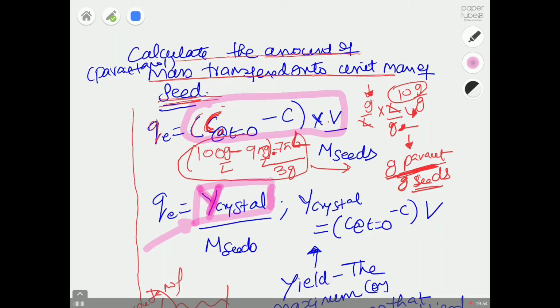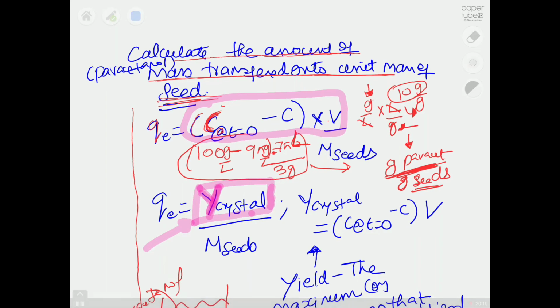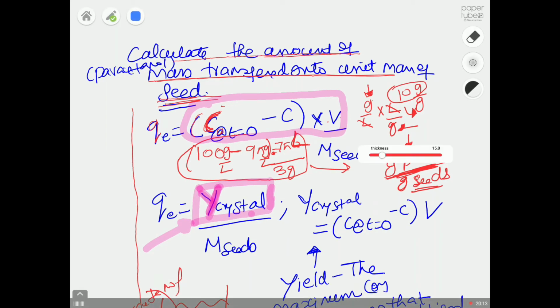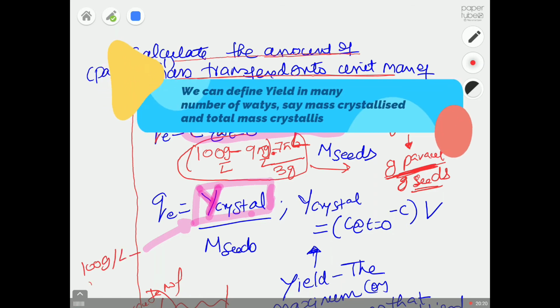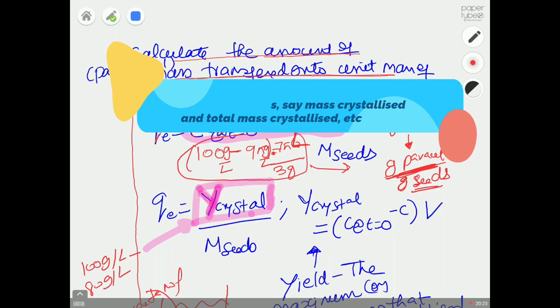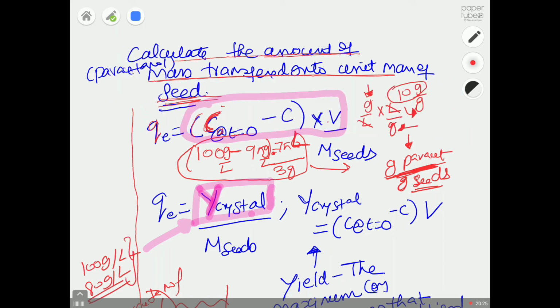I think this is correct. Yes, this is correct. So what does that mean? Let's go back here. If you start from 100 grams per liter, and if your solubility concentration is 80 grams per liter, you take the difference, 100 minus 80, and then multiply by the volume.